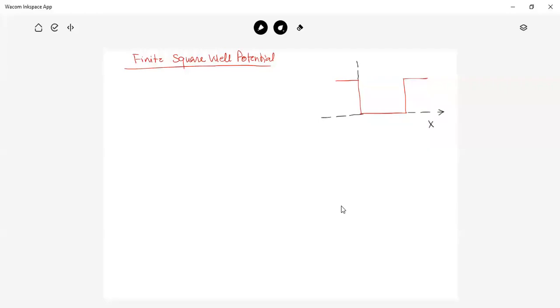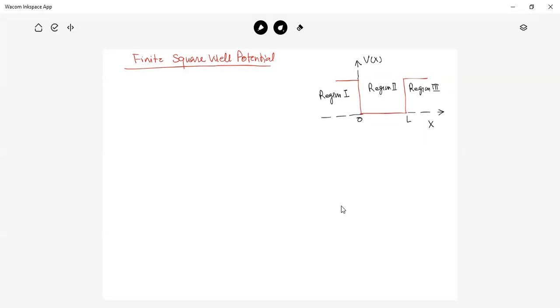Here it is x, this is 0, this is length L, and this is region 1, here region 2, and this is region 3. And here this is the potential V(x).